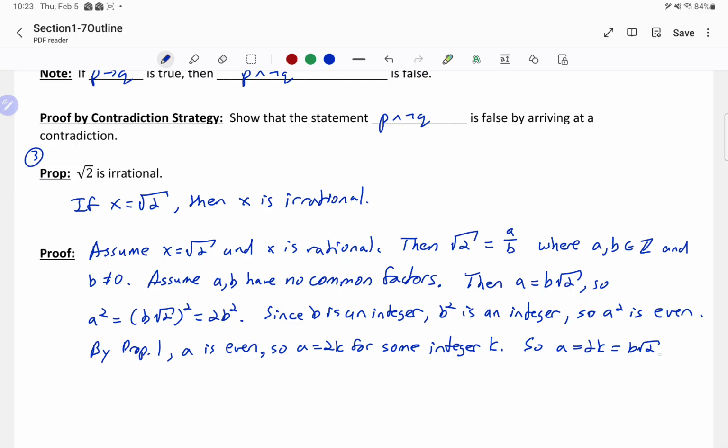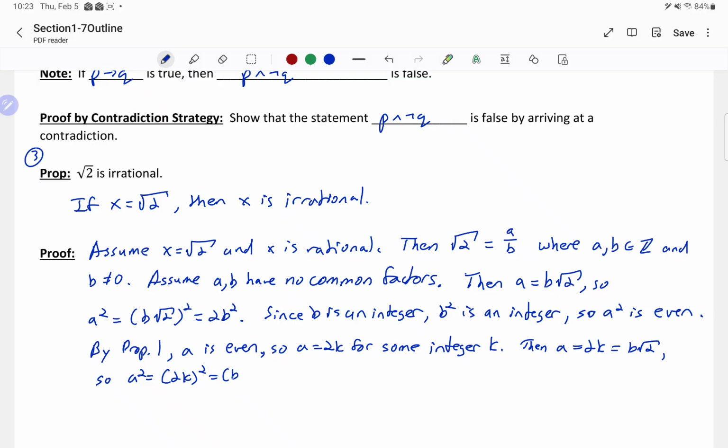So now what happens? All right, I'll change that to then, just so I don't use the word so. So then A is 2k. That tells me that A squared is equal to, on one hand, it's 2k squared.